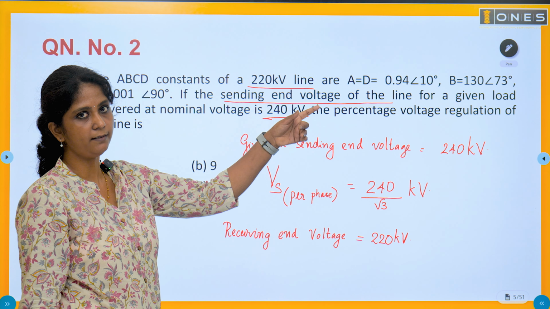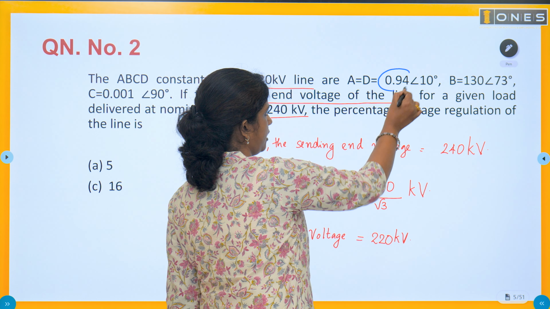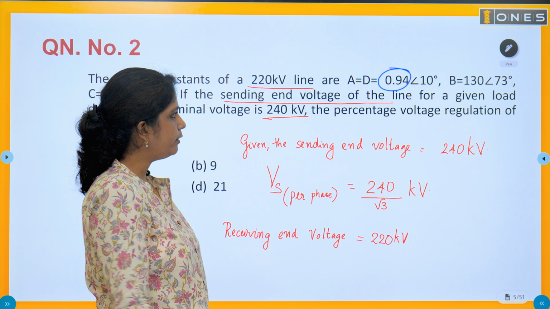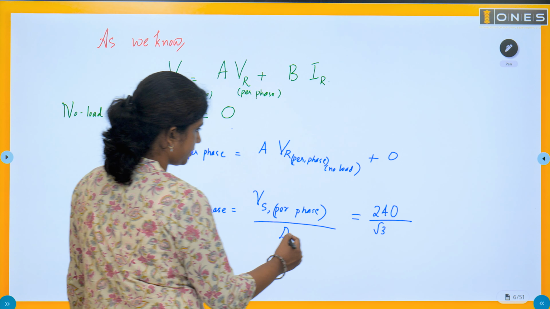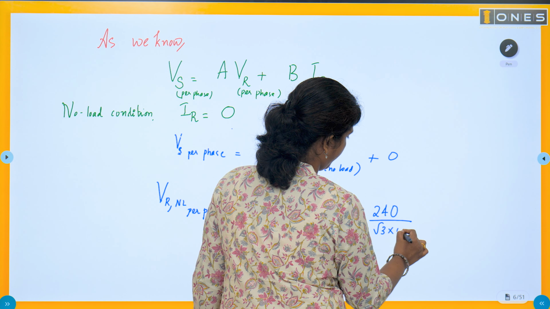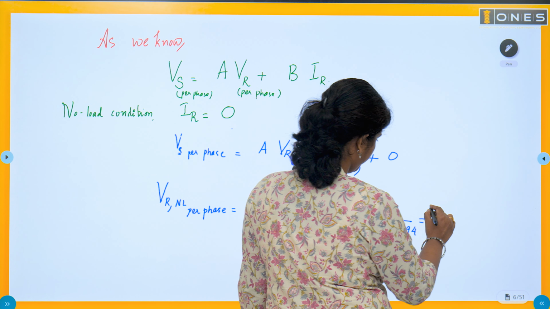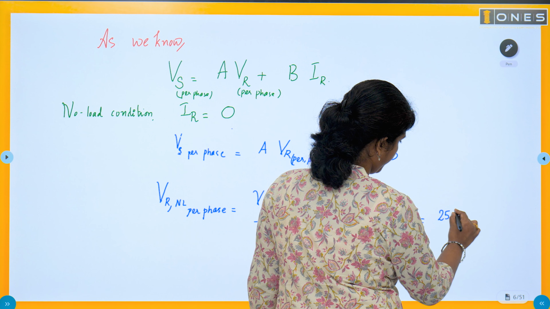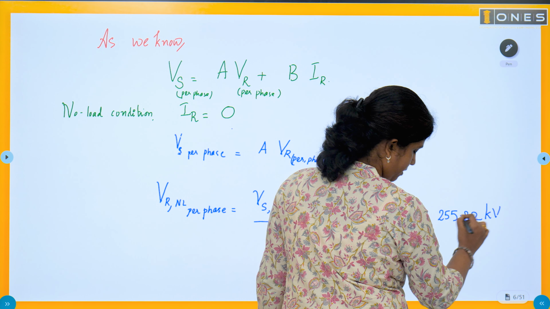It is given as 0.94 angle 10 degree. So you just need to take the constant, A is equal to D is equal to 0.94. So just divide by 0.94. So you'll get the answer as 255.32 kV by root 3.